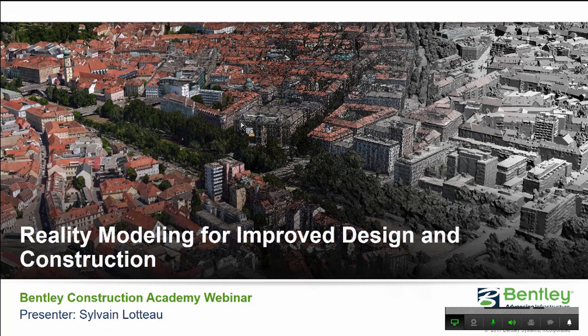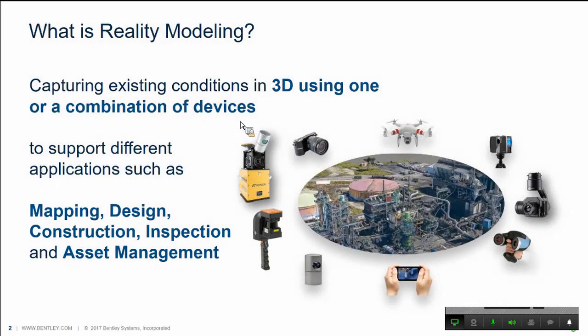So first, let's talk about reality modeling, what it is. Reality modeling is the process of capturing existing conditions in 3D using one or a combination of devices. It can be UAVs, handheld cameras, laser scanners, smartphones, and this to support applications such as mapping, design, construction, inspection, and asset management.